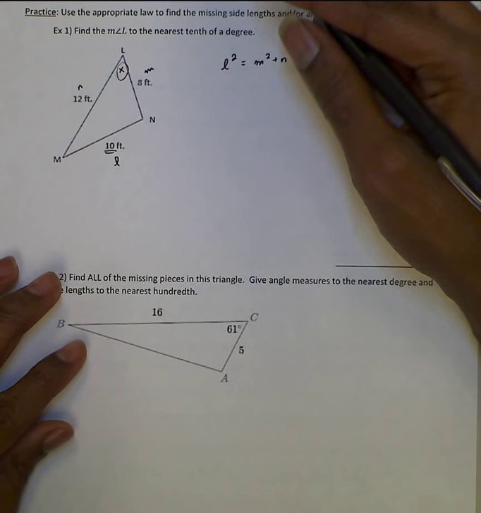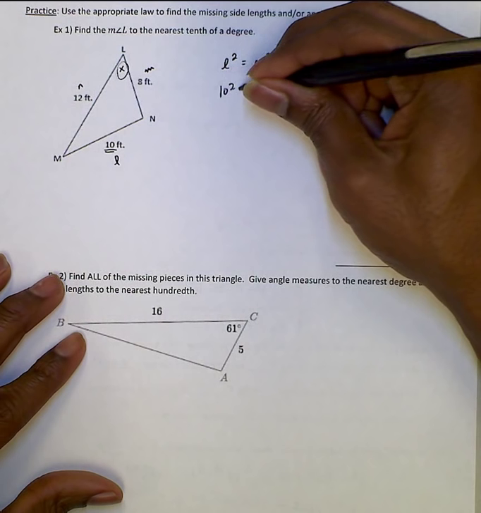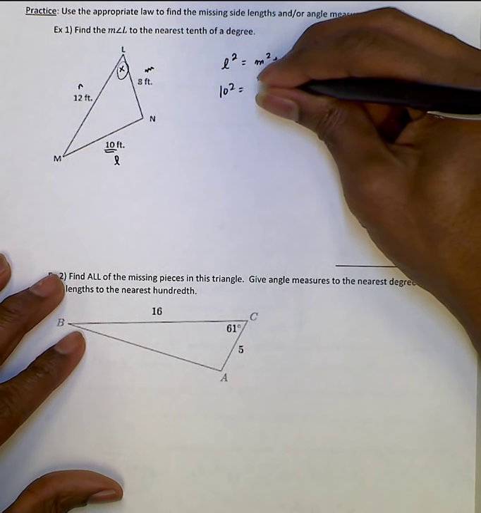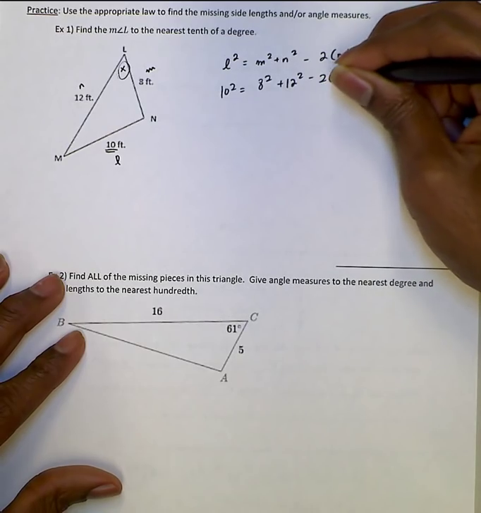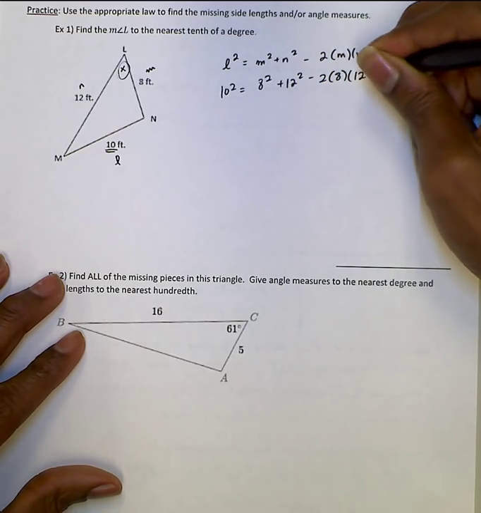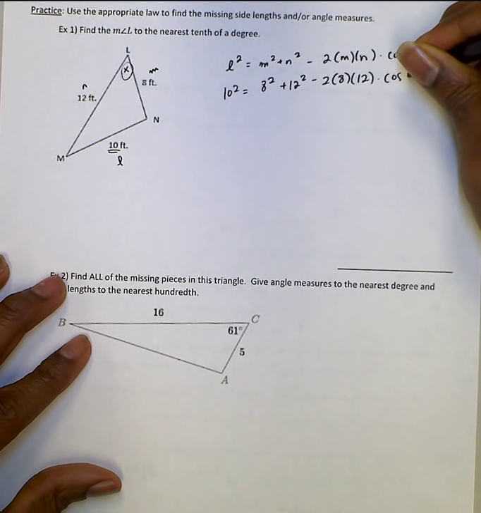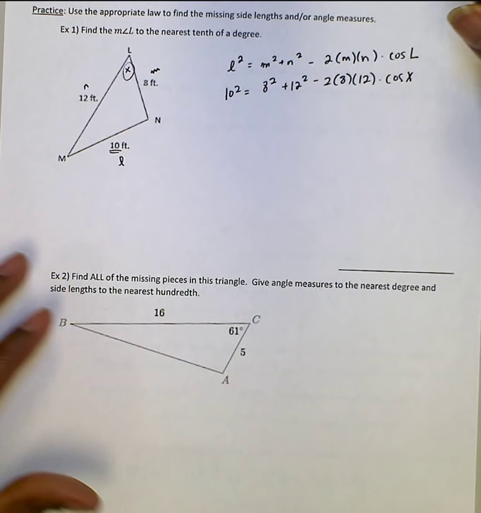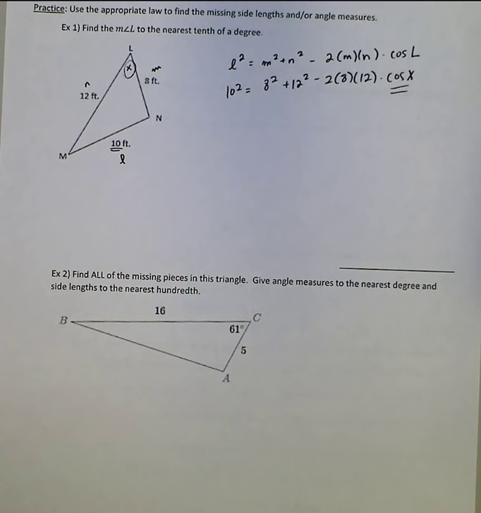Okay, and so I'm plugging in my values. That's 10 squared equals 8 squared plus 12 squared minus 2 times 8 times 12 times cosine x, because that's the variable I placed in there. Notice the only thing I don't know is this cosine x. I'm going to plug everything else in and try to get rid of it.